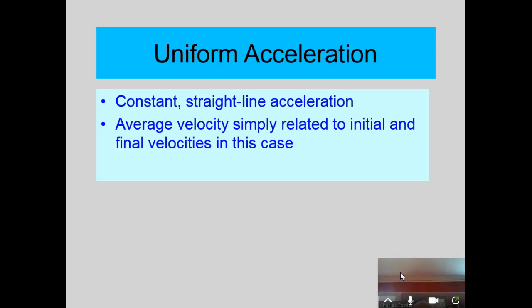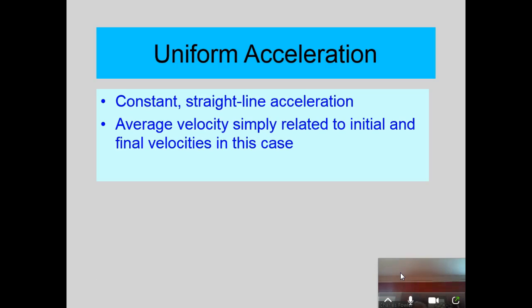And again, just a review, uniform acceleration is occasionally called constant acceleration. The only little deal with constant is it has to be straight line acceleration, which of course would be constant if you're thinking of acceleration in terms of vectors.